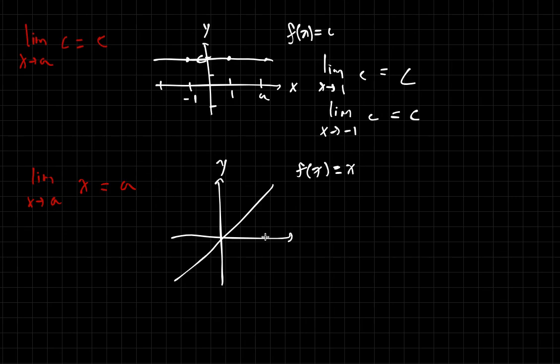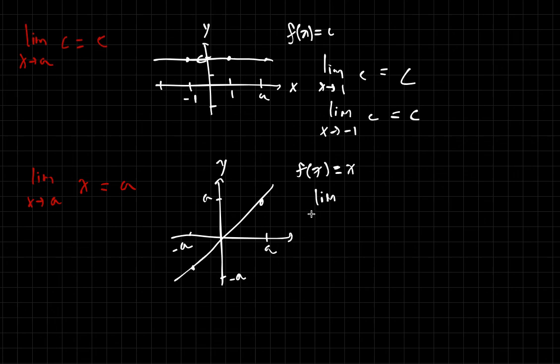Well, if a is here, then that means y would be here. And y would also be a because the slope is 1. Whenever the slope is 1, however much you go to the right, you have to go that same amount up. Or however much you go to the left, you have to go that same amount down. So that is why for the function x, if x approaches a, y will always approach a.